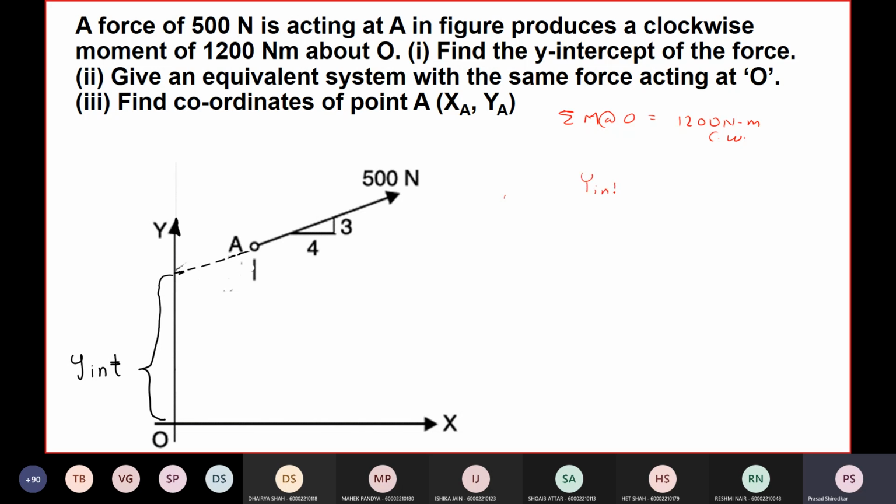What is the equation? Y-intercept is summation M about O divided by summation Fx. Okay, so that will give you the y-intercept. And summation Fx is nothing but the cosine component of this force, that is equal to 500 cos theta, and theta is this angle.